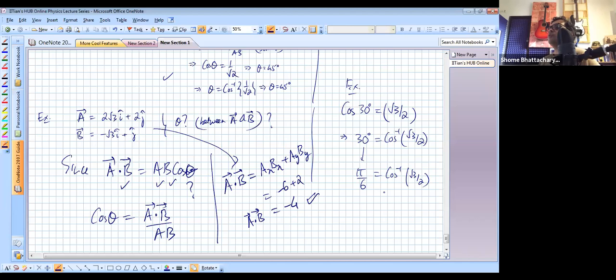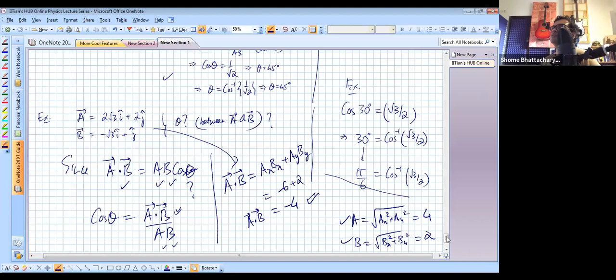Then similarly, what is mod A? Mod A is root of AX square plus AY square. From that you can see it is 4. Mod A is 4. And mod B similarly is root of BX square plus BY square. That is becoming 2. So these two values also we will now substitute in the denominator.